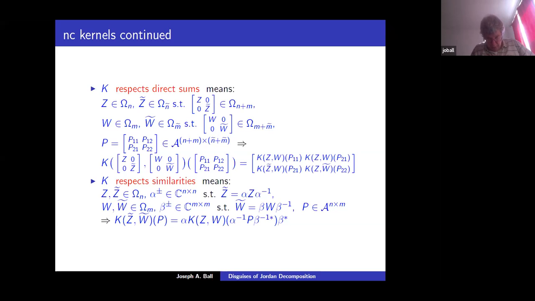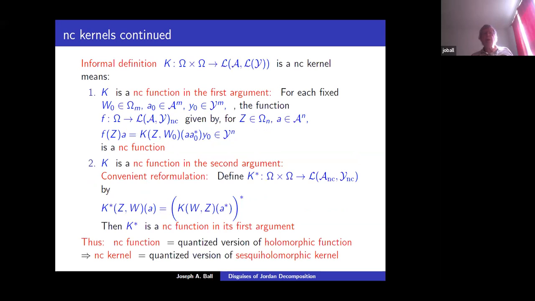A non-commutative kernel is a quantized version of a sesquiholomorphic kernel. And the examples are things like this, and completely positive non-commutative kernels. It looks like the BBLS condition, but now the points are these non-commutative points. Then we have a notion of positivity for such kernels.